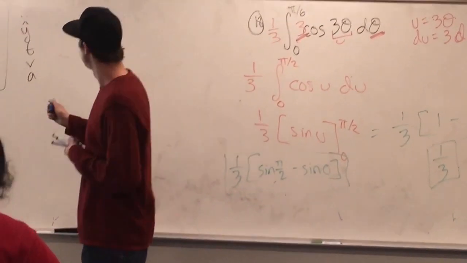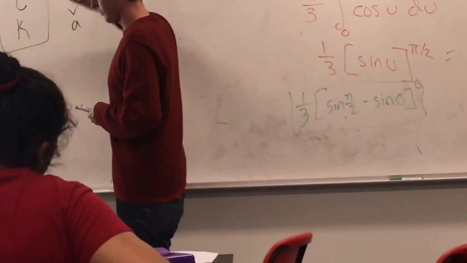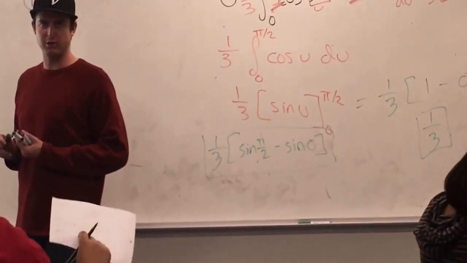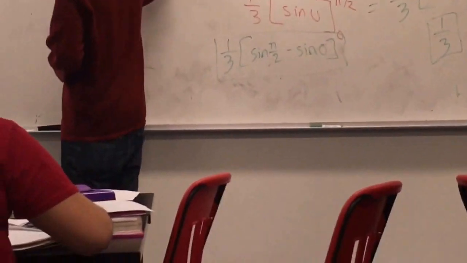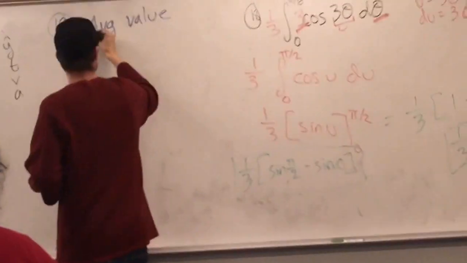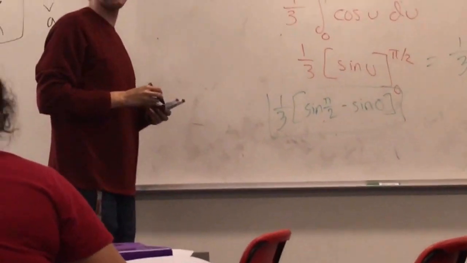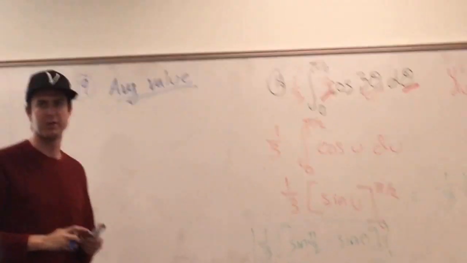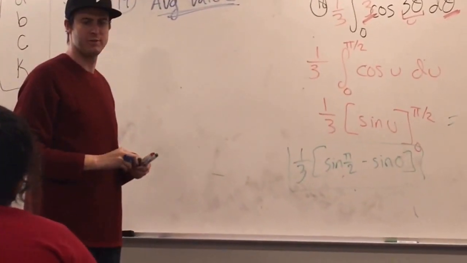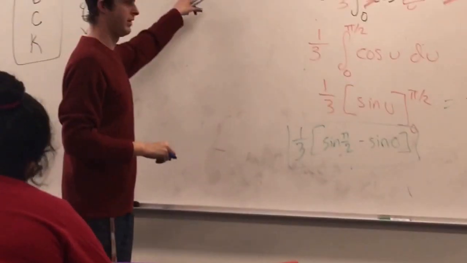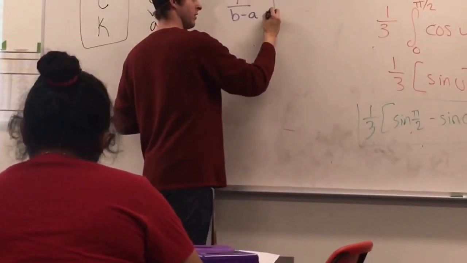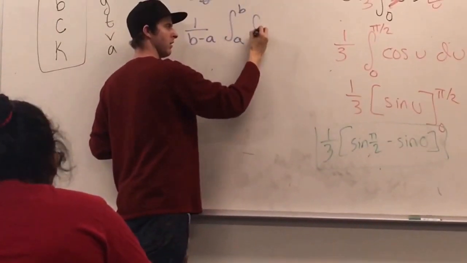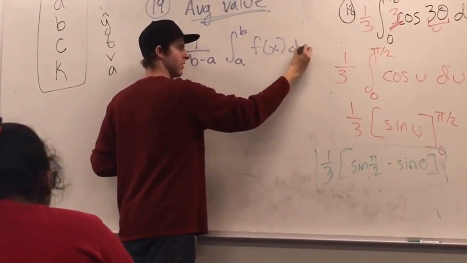Alright, 19. Okay, this problem is about average value. As soon as we see the words average value, again, it's not average rate of change. Average rate of change is different. But average value is 1 over b minus a, integral of a to b of f of x dx.